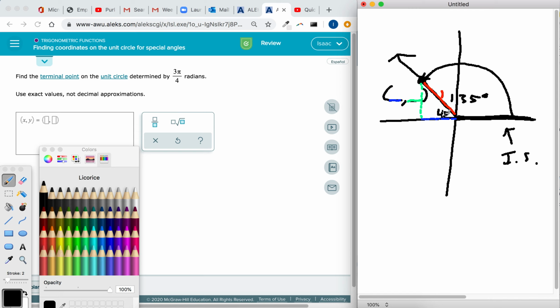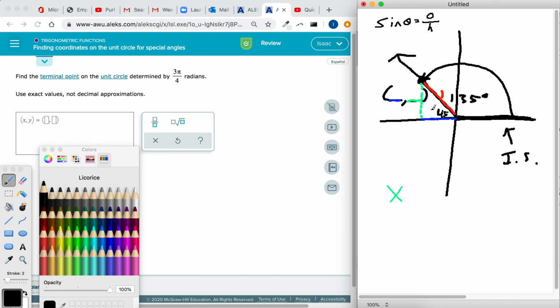And now I can start doing some right-angled trig. Sine is the opposite, which is what we want. Seafoam. If we look at the ratio of sine, sine of some angle is the opposite divided by the hypotenuse of the triangle.